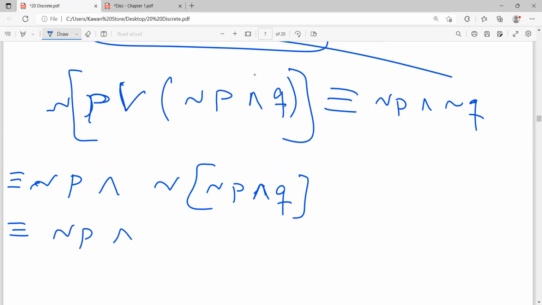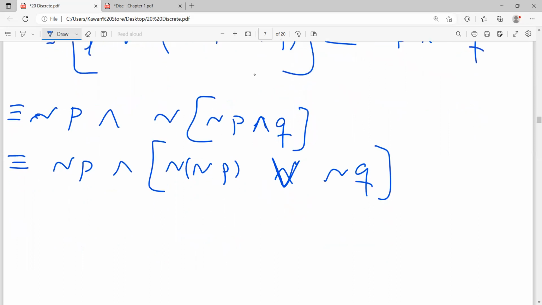Negation P and negation P, and change to or, you are right, negation Q. Am I right? Then I will get what? Negation P and P or negation Q. Clear? Did I do any mistake? Can you check for me?